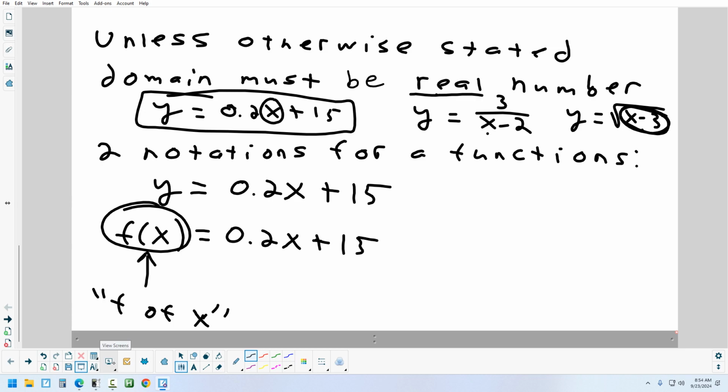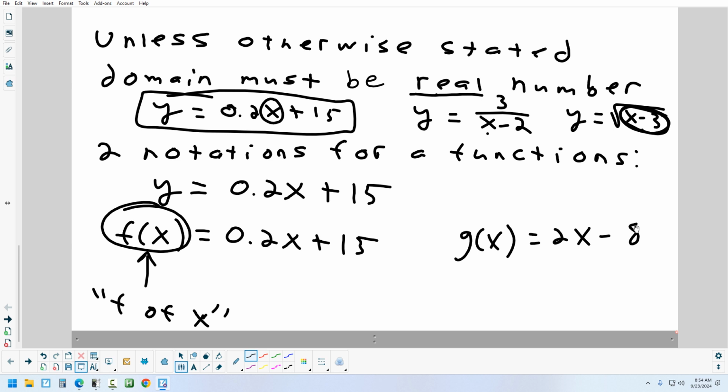So why do we use it? Well, then I could do something like this. And I could say, all right, I want you to put f of x in on your calculator. If I just called this one y equals and I called this one y equals, there's nothing to really separate them. Unless I say, well, look at the one that has the 15 on the end.